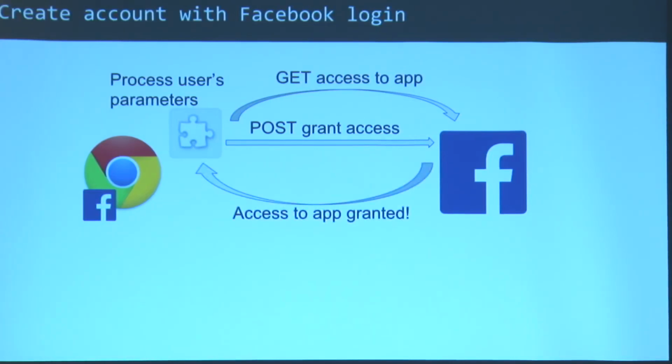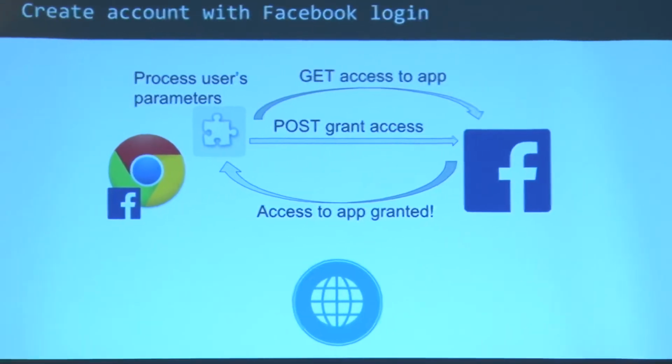So once the user is logged in, the extension does everything in the background and creates an account on that third-party application. And again, the application didn't see anything. The application did not see a request from the user. But the next time the user goes into the application, they will not say create an account, they will just say login, and the application will work with Facebook and ask, is this user verified?